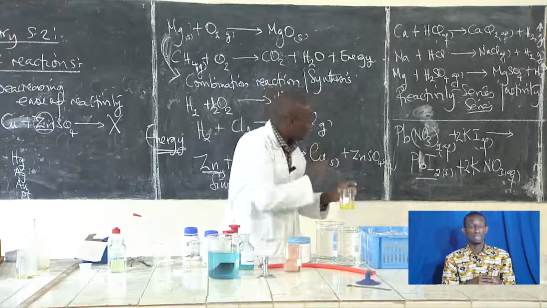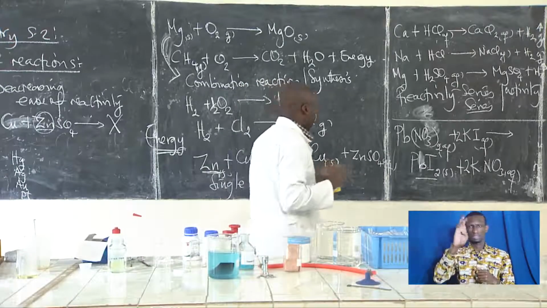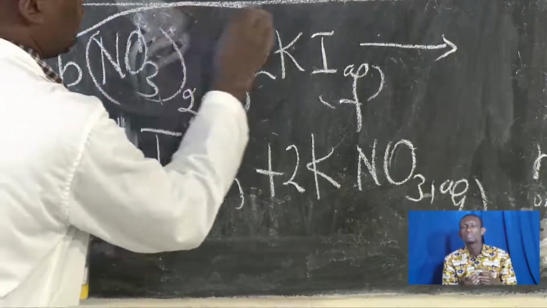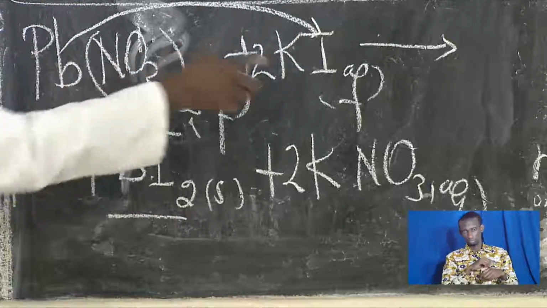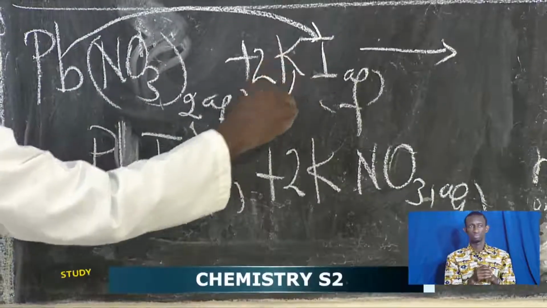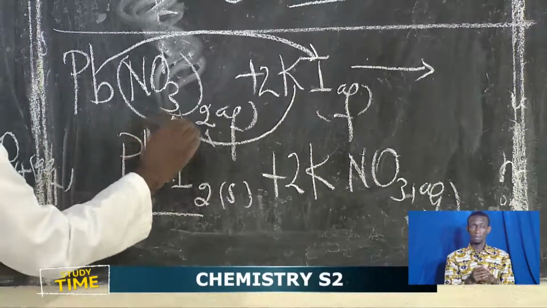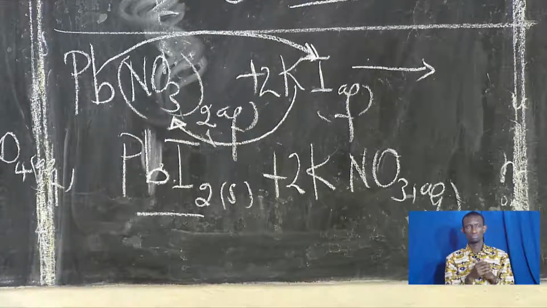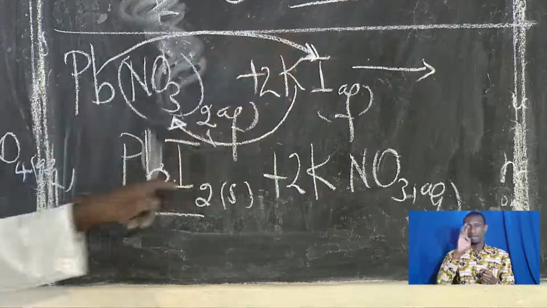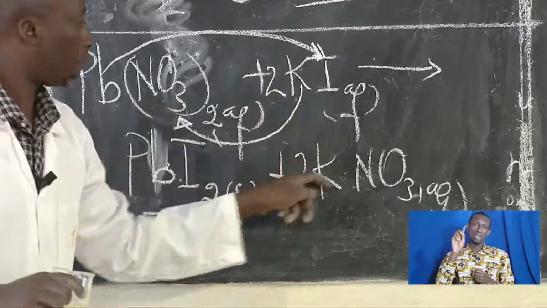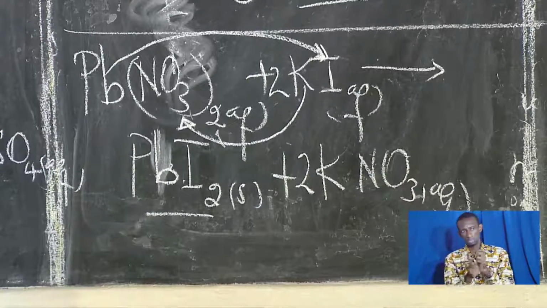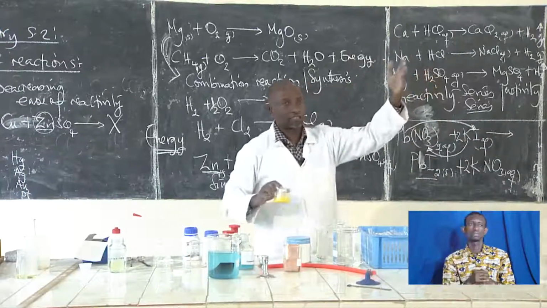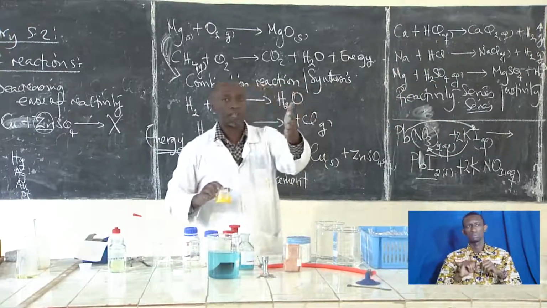So when you look at this reaction, please take a look at it and see what is happening. You see this lead combining with the iodide ions, and then you see the potassium combining with the nitrate ions. And then it forms lead iodide and potassium nitrate. For those that may have covered this, you still remember this type of reaction?